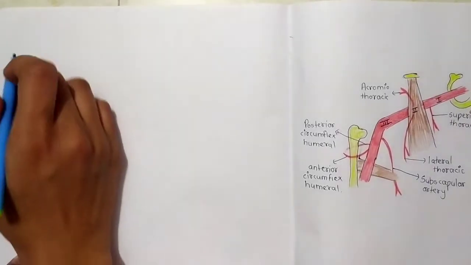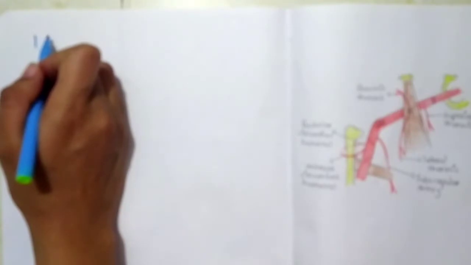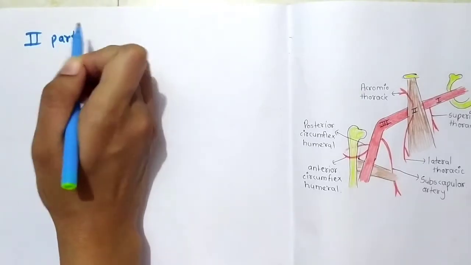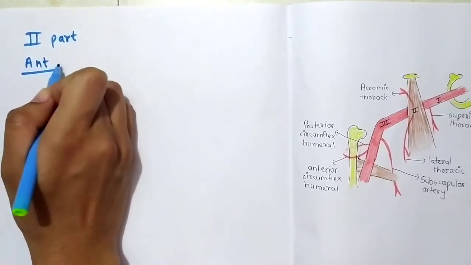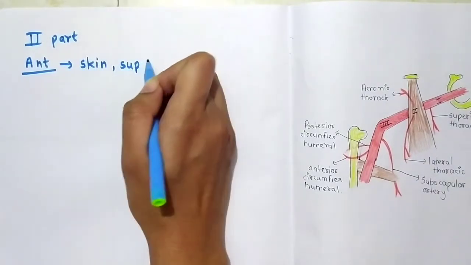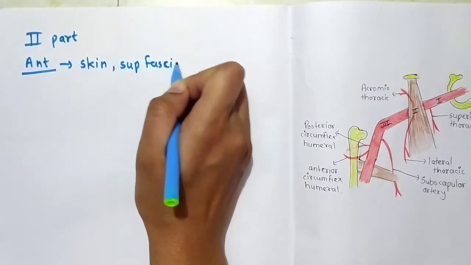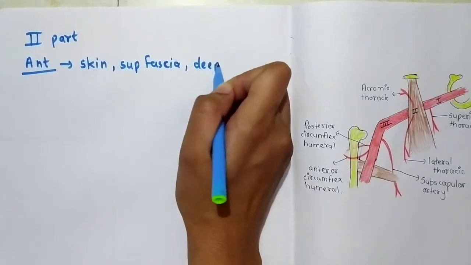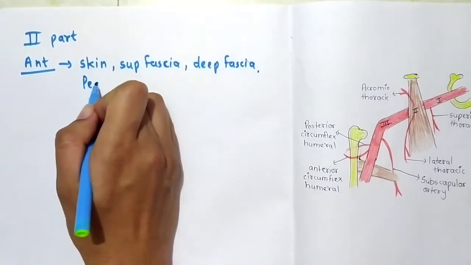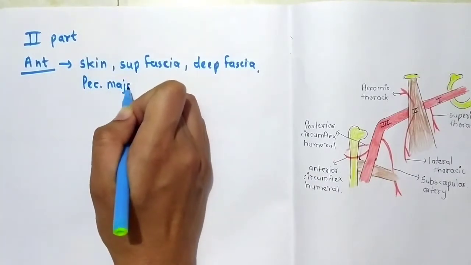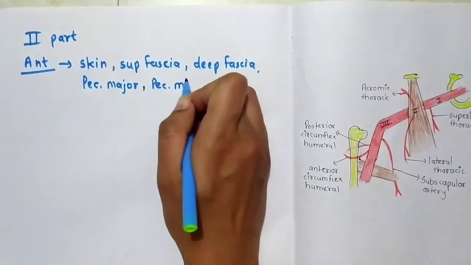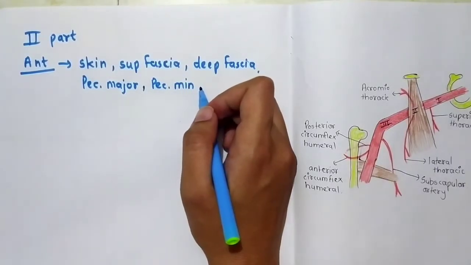Now the relations of the second part. In the anterior relation there is skin, superficial fascia, deep fascia and two muscles, that is pectoralis major and pectoralis minor, which is passing anterior and dividing this artery into three parts.